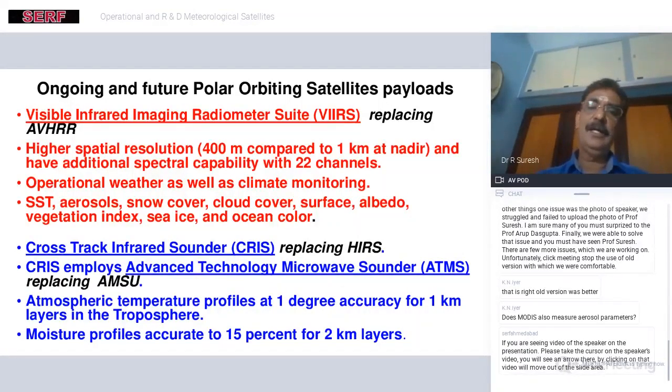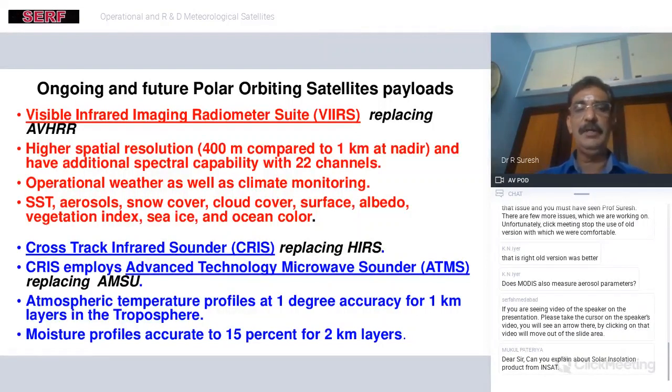Then the current day satellites have the capability of measuring accurately SST, sea surface temperature, aerosol optical depth, snow cover, cloud cover, surface albedo, then vegetation index, NDVI we used to call, later on in image interpretation I'll be in a position to cover that also. Sea ice, ocean color monitoring, etc.